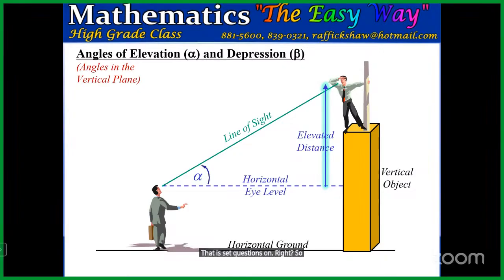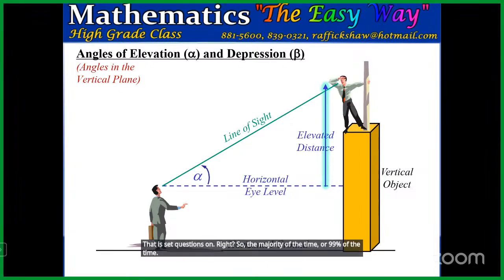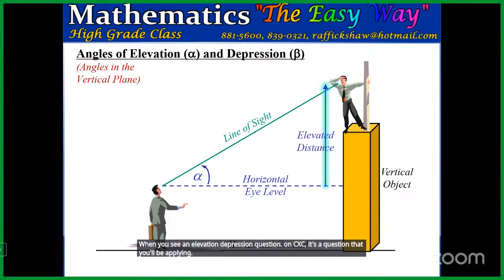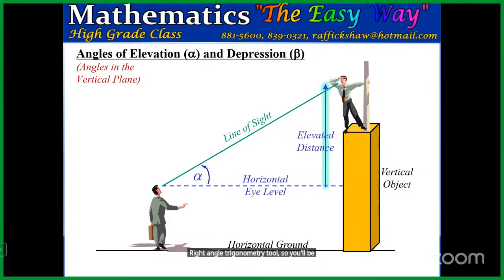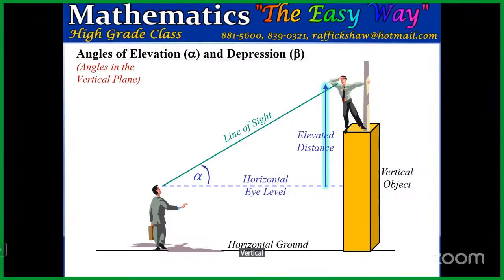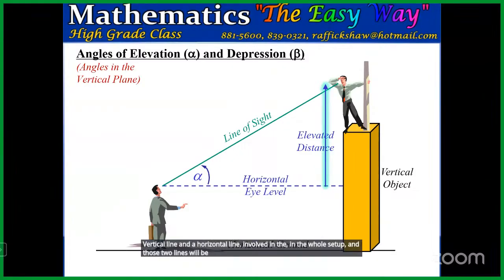So the majority of the time, or 99% of the time, when you see an elevation depression question on CSEC, it's a question that you'll be applying right angle trigonometry to. So you'll be applying SOH CAH TOA and Pythagoras' theorem because you're forming right angle triangles, because you then have a vertical line and a horizontal line involved in the whole setup, and those two lines will be at 90 degrees apart.